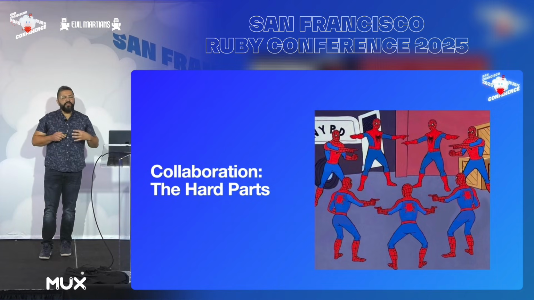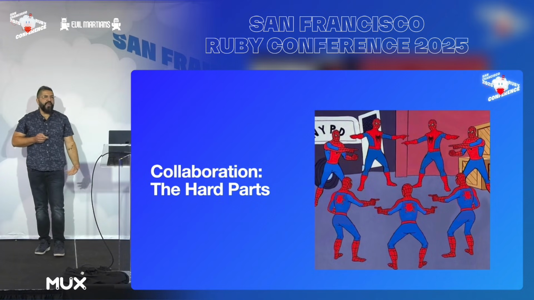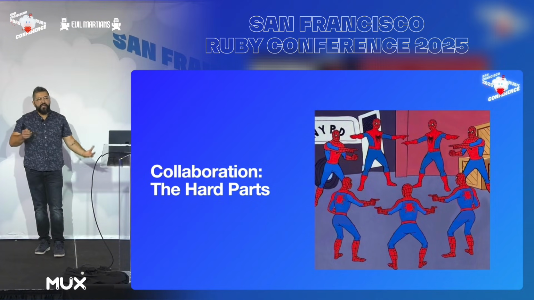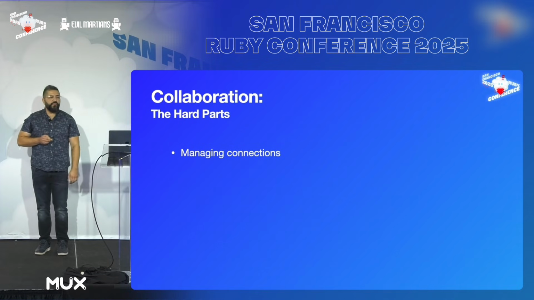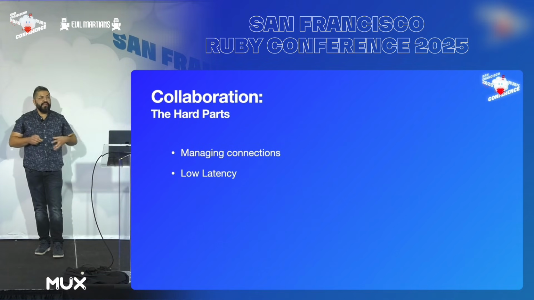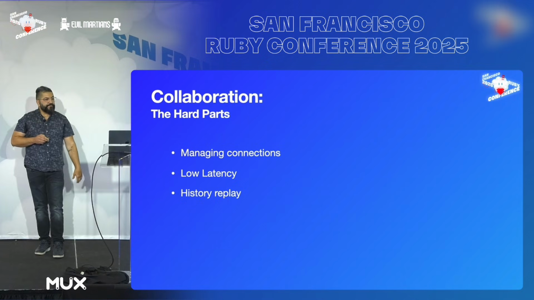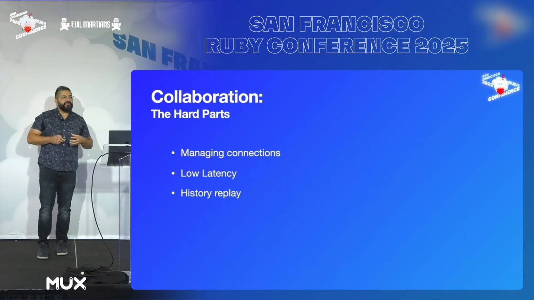I'm going to break down the talk into what I call collaboration, the hard parts. They're not impossible. They're things you can overcome, but I think they're the things you have to think about when you're creating a real-time collaborative experience. That includes managing connections, those WebSocket connections you're going to be working with. Trying to keep your latency as low as possible. Being able to replay history. It's really important that if you disconnect and reconnect, you don't lose things.